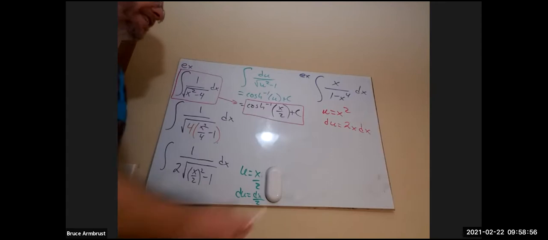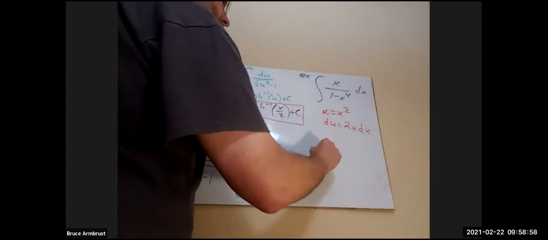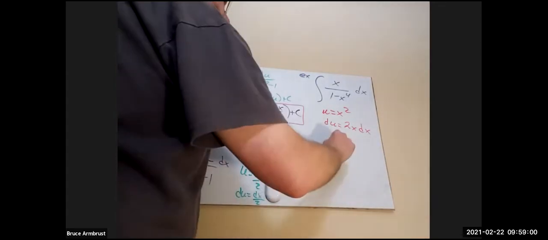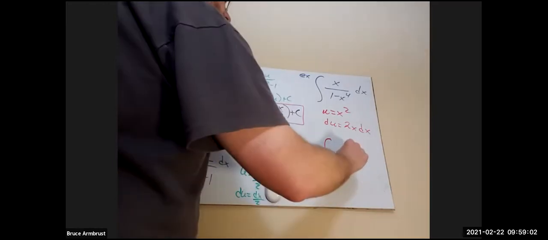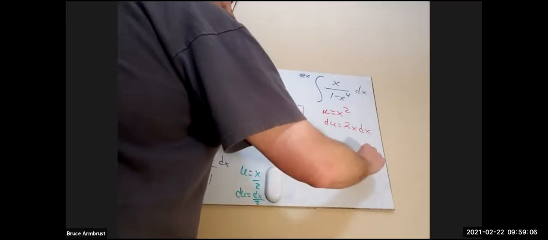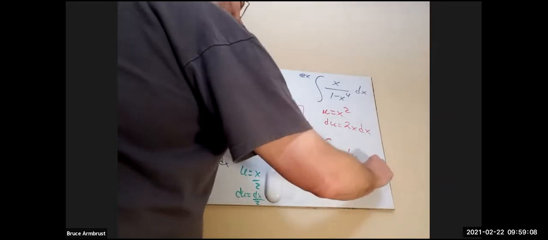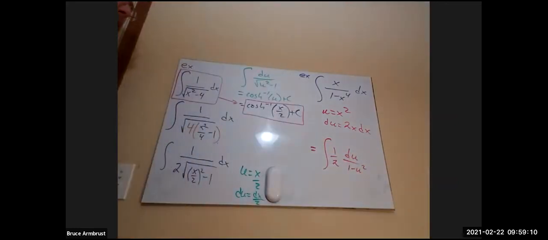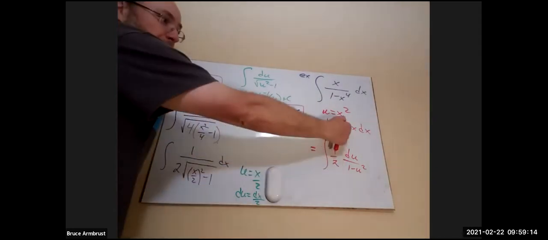So if we change it using this substitution, this is now going to look like the integral of 1/2 du over 1 minus u squared. The 1/2 came from the du.